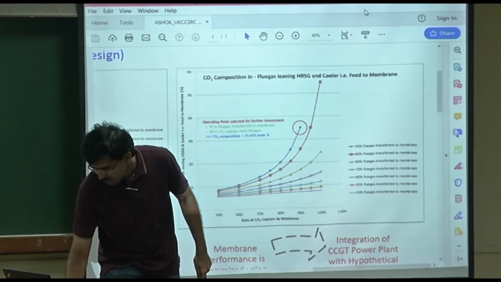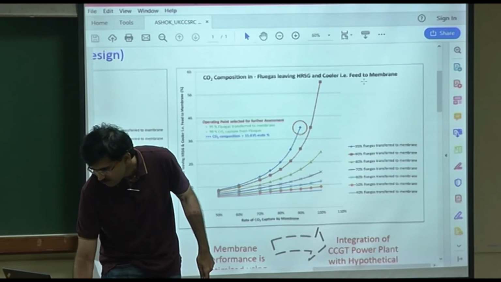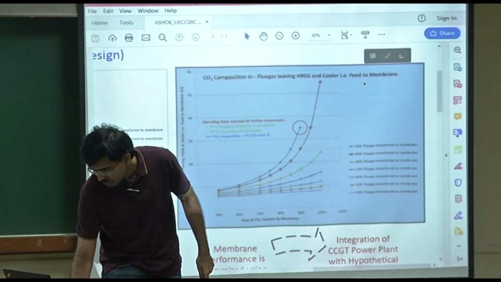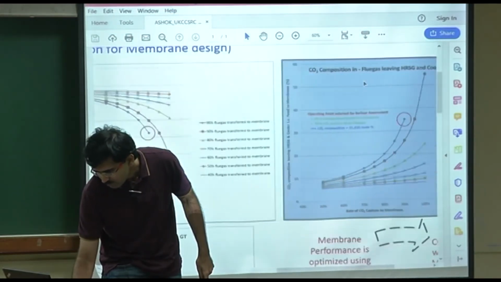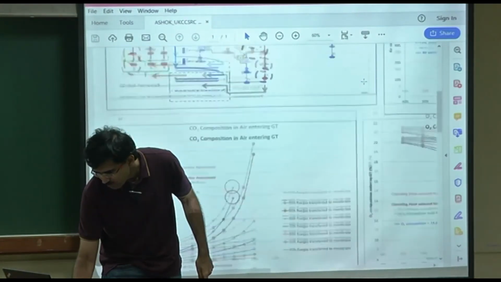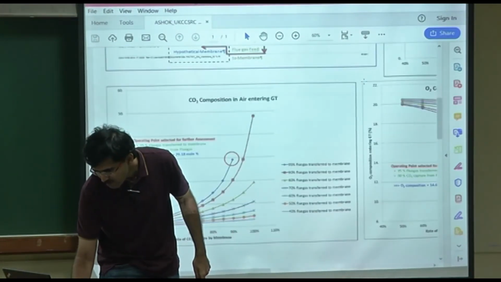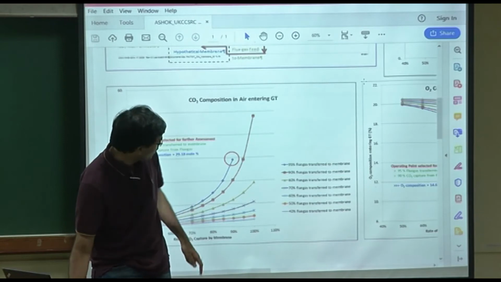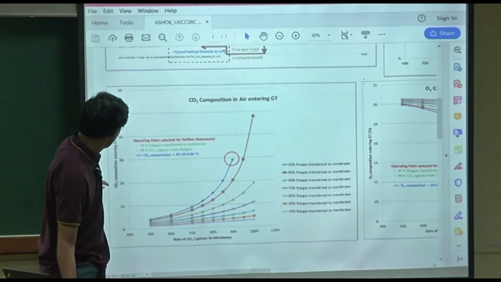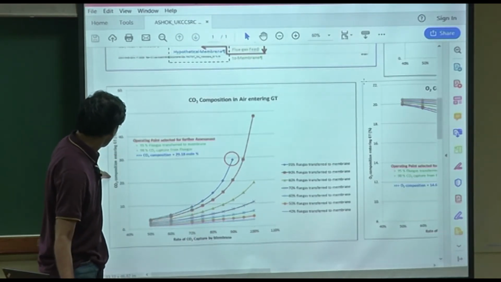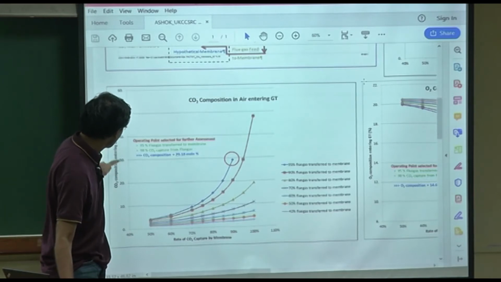All of that. Again here, same point. Here is this proportion of carbon dioxide entering the gas turbine.